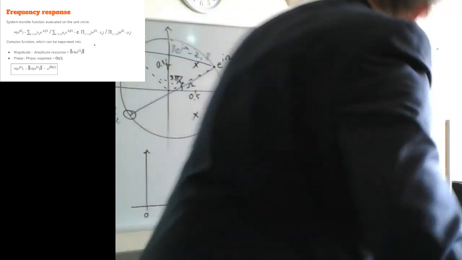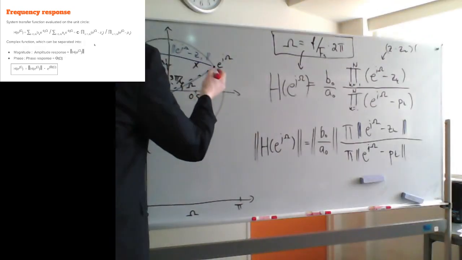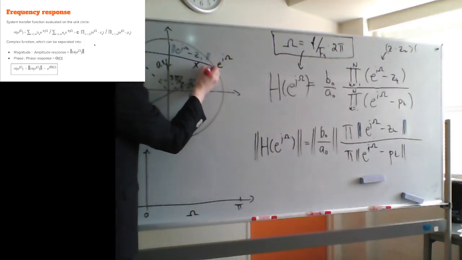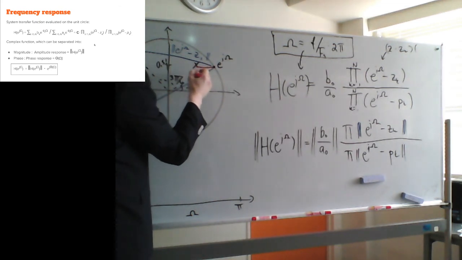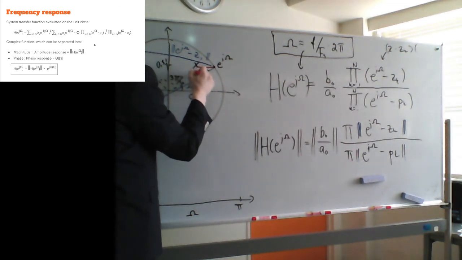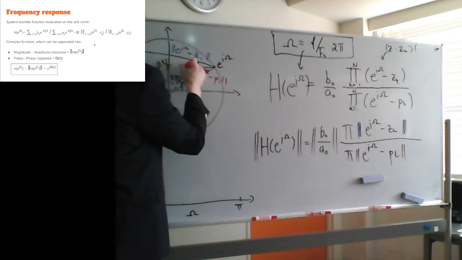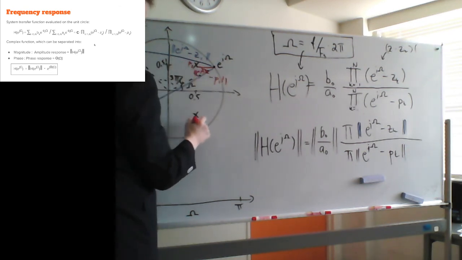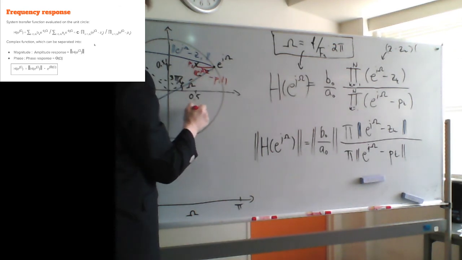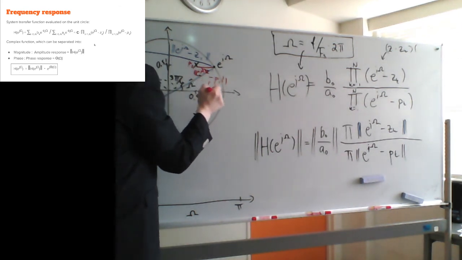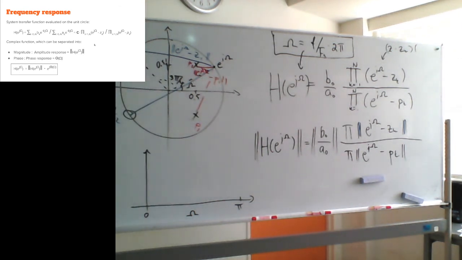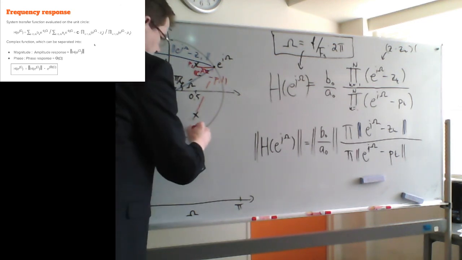Likewise, in the denominator, we have the distance of e to the j omega, not that omega, capital omega, minus p1, and also the distance to p2.